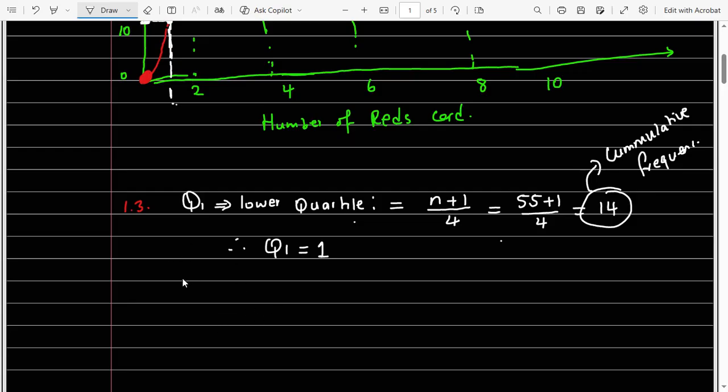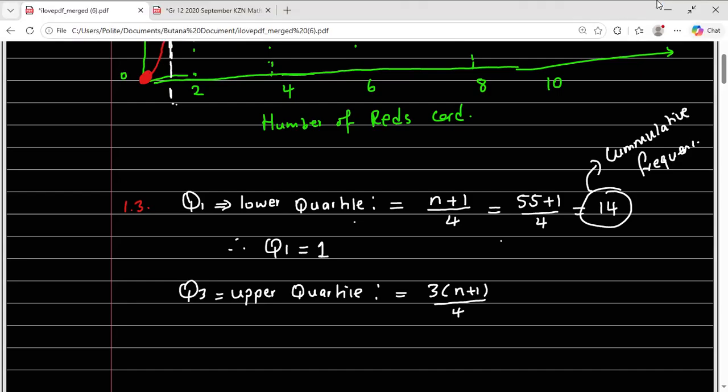Now, what is the next step? It is to find Q3, your upper quartile. The formula for this one is the same as what we did to that side, except this one will be 3 into n plus 1, everything divided by 4.